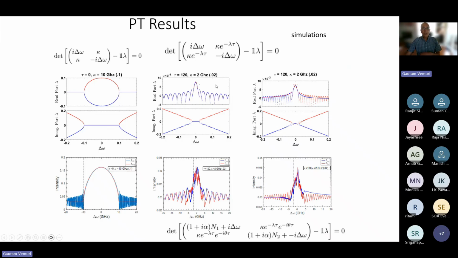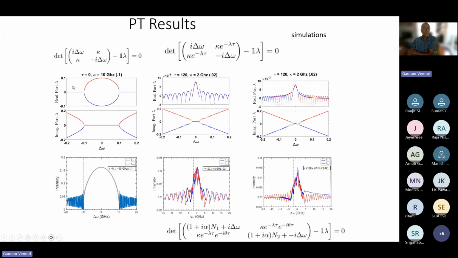What I'm showing you here, each column you should think of as a separate case. In this very first column, let's first consider the case when the time delay is 0. This is the standard case, and this is how the effective Hamiltonian would look.